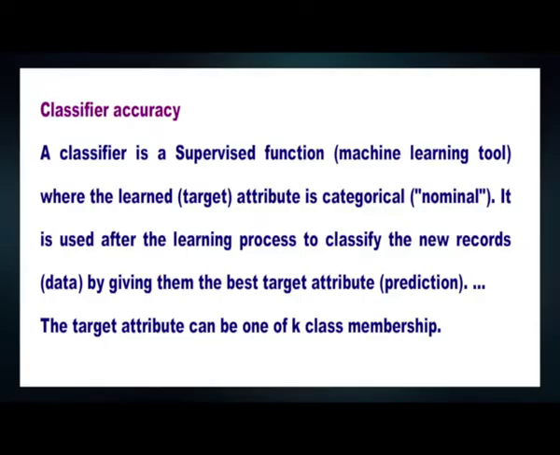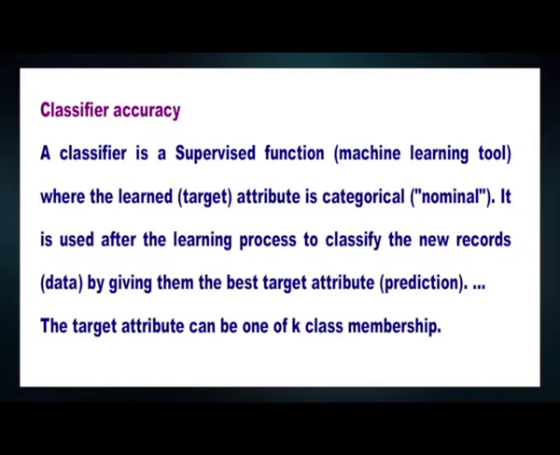Next, we can discuss classifier accuracy. First, we will see what a classifier is. A classifier is a supervised function, nothing but a machine learning tool, where the learned or target attribute is categorical or nominal.